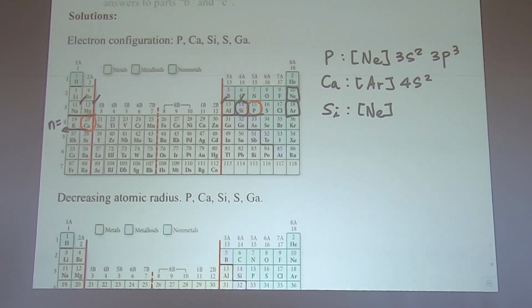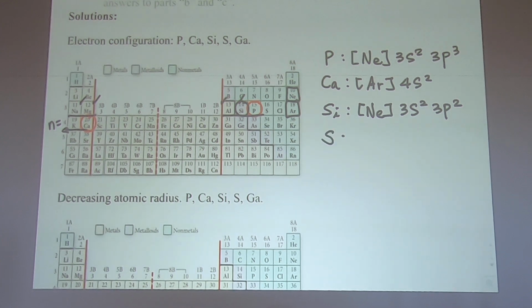So that will be 3s2. And the sulfur is down here. Sulfur, once again, that is the neon, 3p, 1, 2, 3, 4.